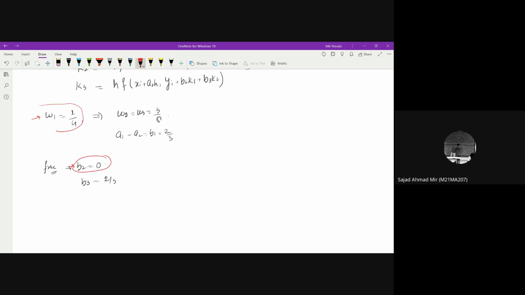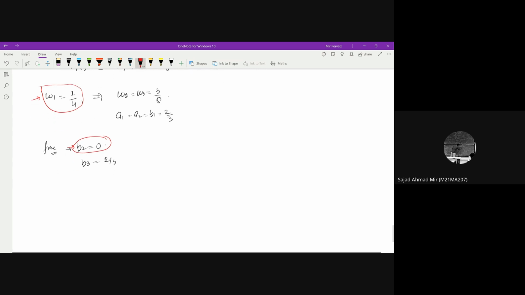So your numerical scheme will be y_{i+1} is y_i plus 1 by 8 times (2 k1 plus 3 k2 plus 3 k3), and your k1, k2, k3 are already in the above form.